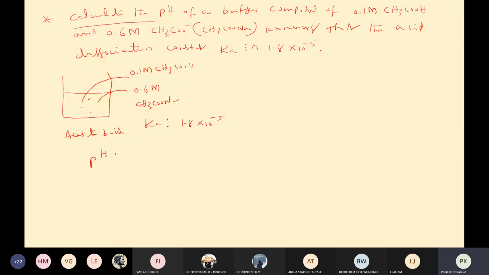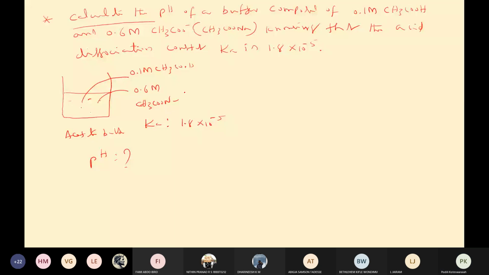So what is the pH of this solution? The acetic acid concentration is given and the sodium acetate concentration is also given, so you need to determine the pH of the solution.